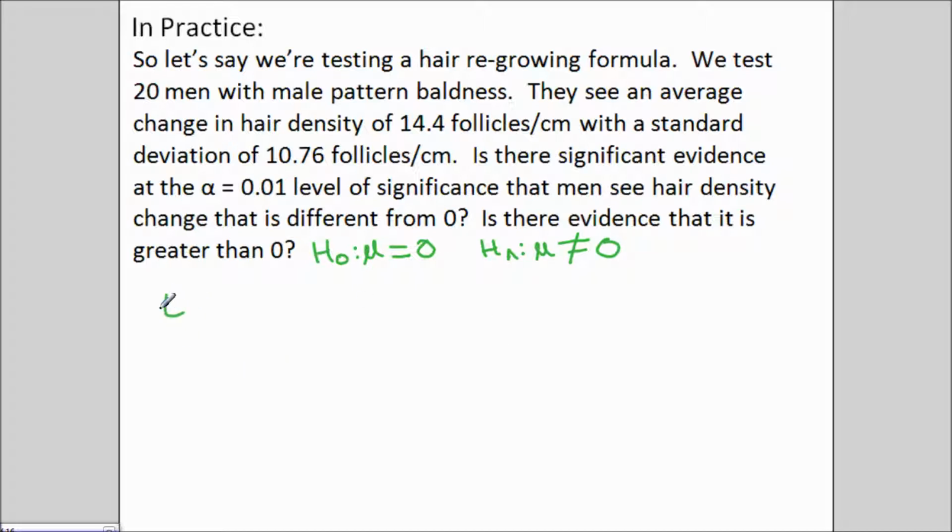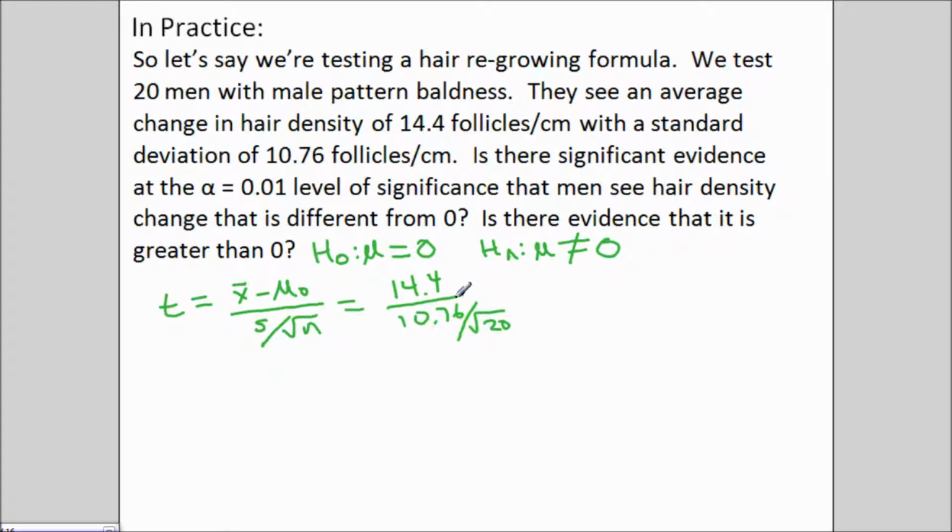So our test statistic is pretty straightforward. Just T is equal to X bar minus mu naught divided by sample standard deviation divided by the square root of the sample size. So we know our sample mean is 14.4. Our sample standard deviation is 10.76. And we had a sample size of less than 30.